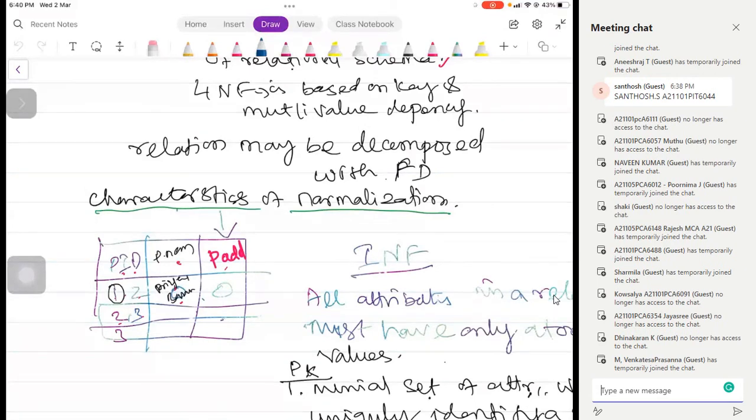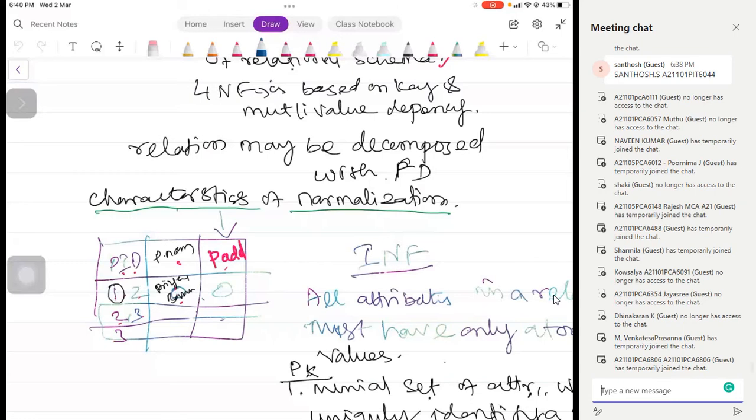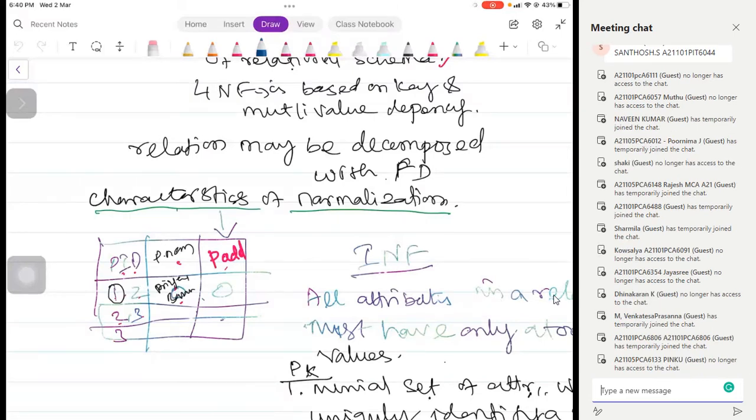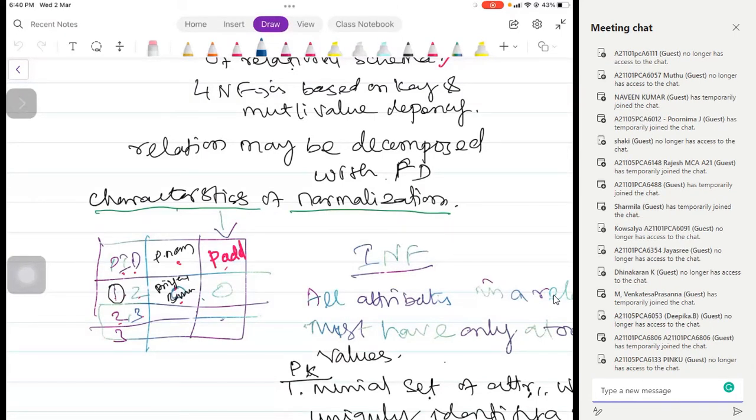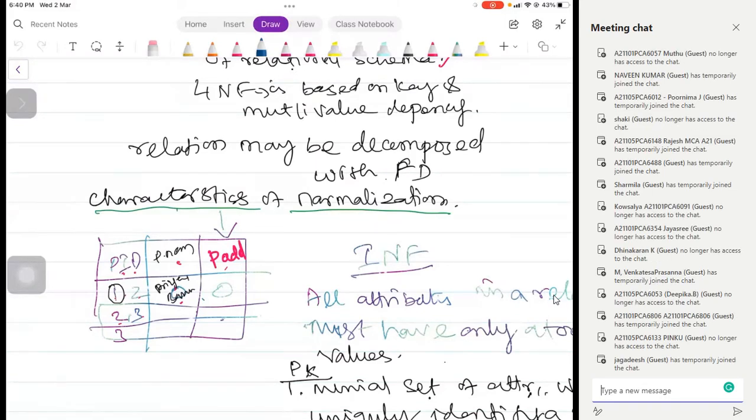If you want to search anything, you have to go page by page. Even though everything is in one notebook, that is called a relation.